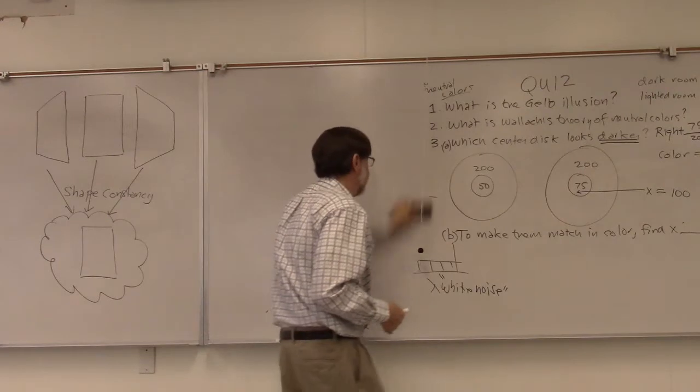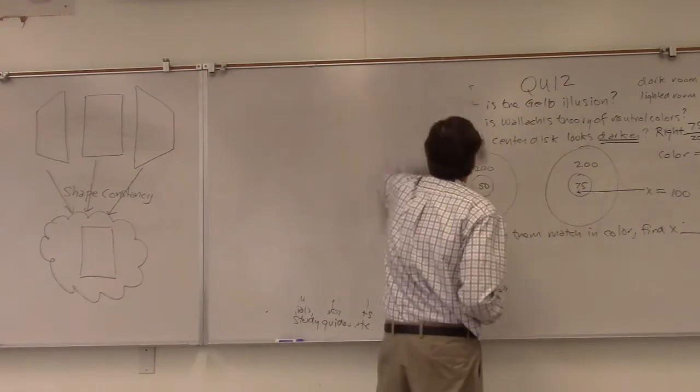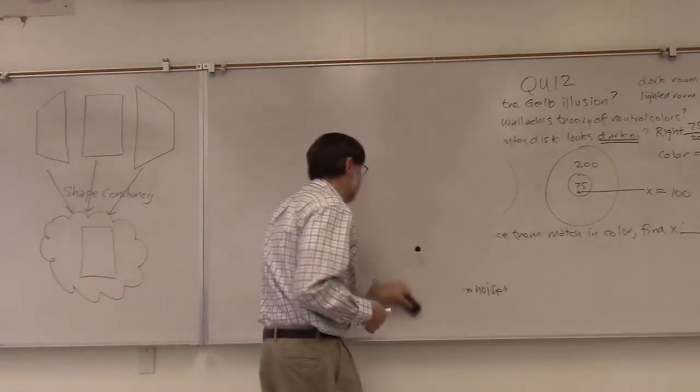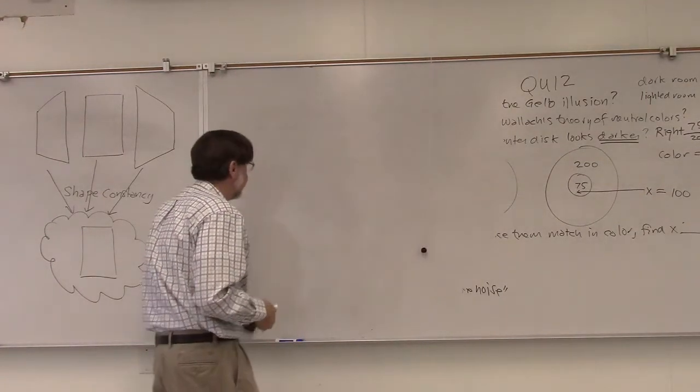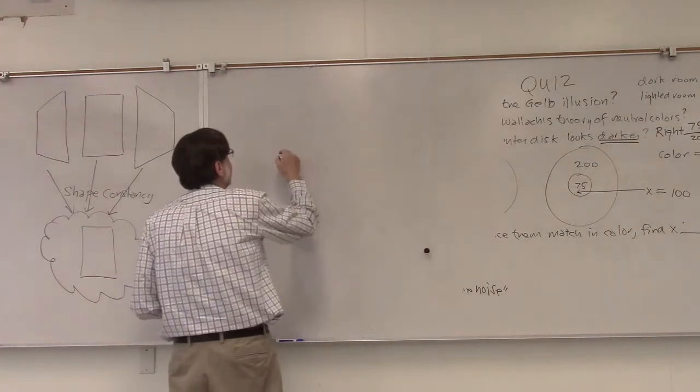There's a lot of theories you can disprove that are easy to disprove, such as the moon actually changes size. Kind of a silly theory. But here's one that actually was believed.